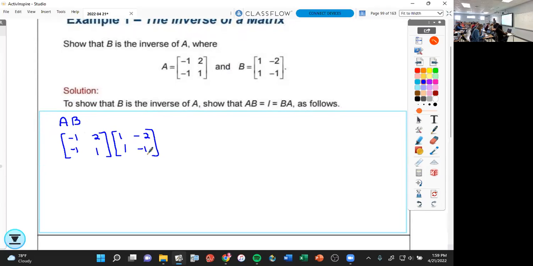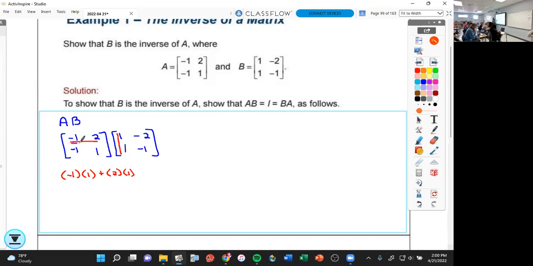How do you multiply matrices? Row by column. Okay, so I will do that. Row 1 times column 1 gives me -1 times 1 plus, yes, plus 2 times 1. Don't forget those plus signs in there.